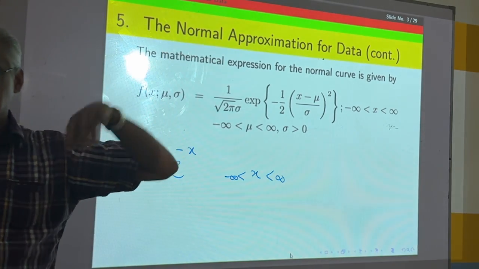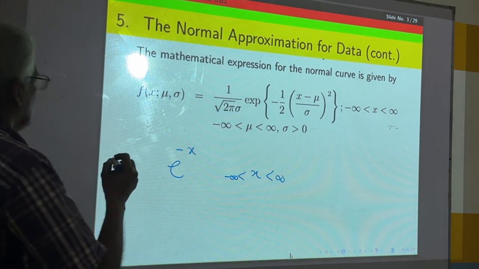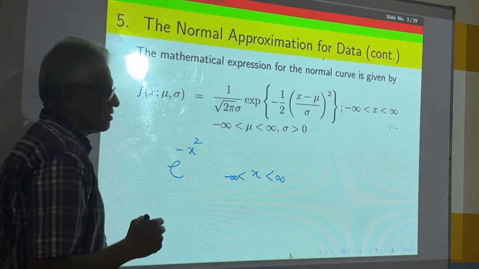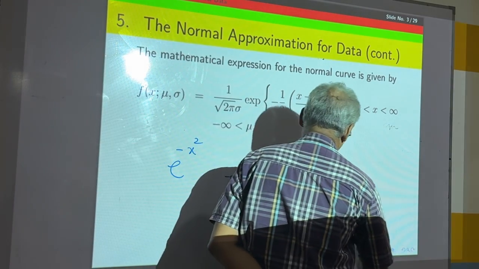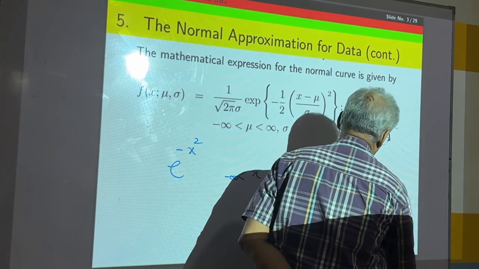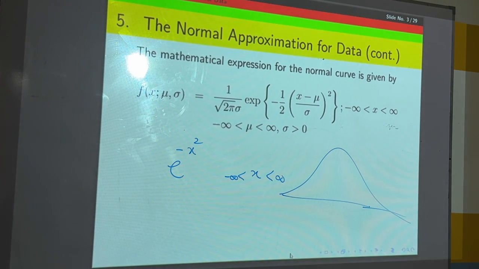When x is negative, what is the shape of this in that range? It has to go up and then come down like this. So it has that shape.